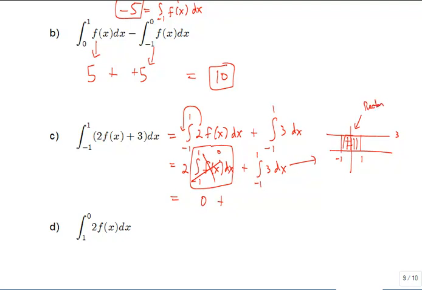It's a rectangle that has an area of length times width, and its length going across here would be 2, and its width going up here would be that 3. So its area is just 6, which means this integral is just 6 because the integral represents the area. So this final answer is just 6.